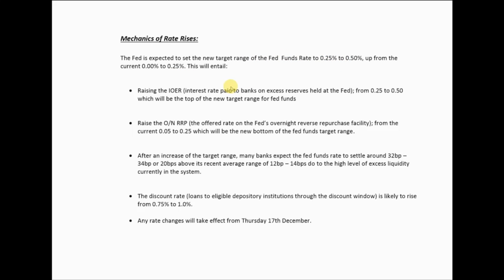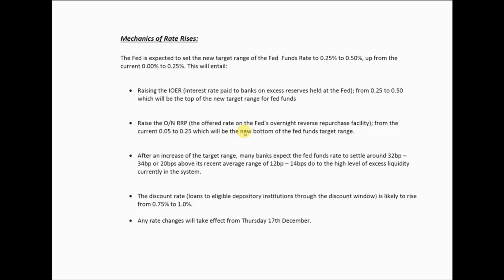Now, in conjunction with that, what they will probably do is raise the IOER. This is the interest rate paid to banks on excess reserves held at the Fed, and this is expected to move from 0.25% to 0.5%, which essentially will be the top of the new target range for the Fed funds. So important to be aware of. If you hear IOER raised to 0.5%, it's not the Fed funds rate being raised to 0.5%, it's something else. By the same token, you might hear that the overnight RRP has been raised.